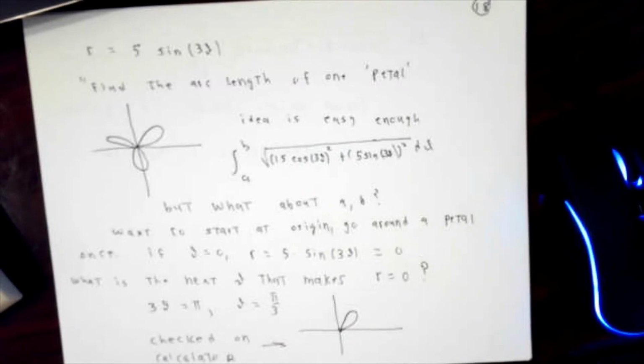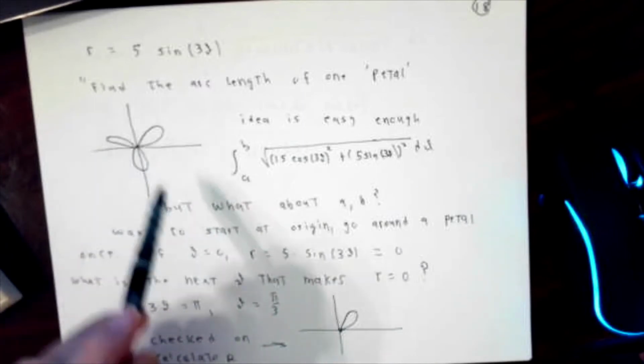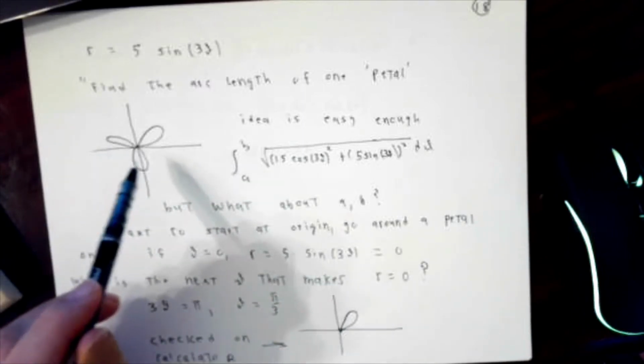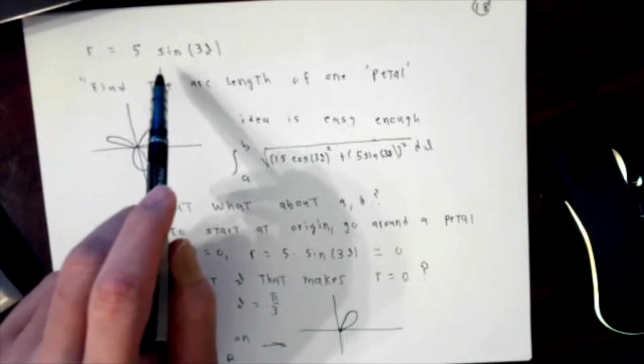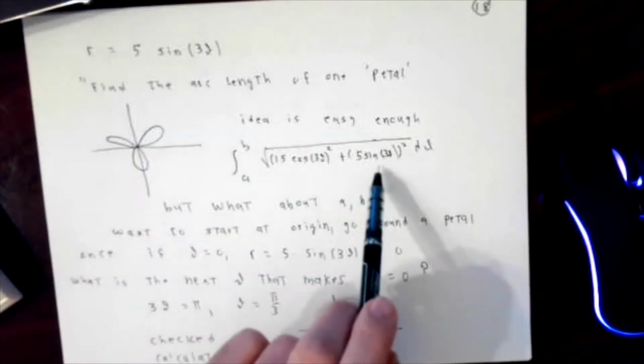So going back to the problem we were looking at earlier, r equals 5 sine of 3 theta, I'd like to find the arc length around one petal. I want to pick one of these three chunks and calculate the distance around it. In view of what we just said, this is not very difficult. I've got to take r and square it.